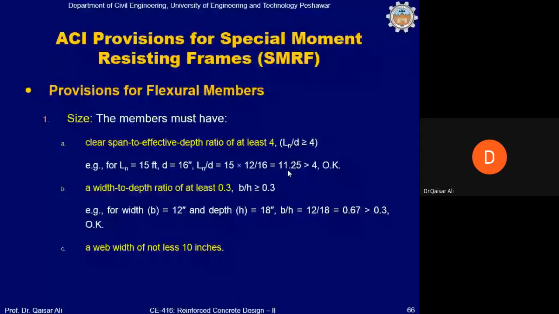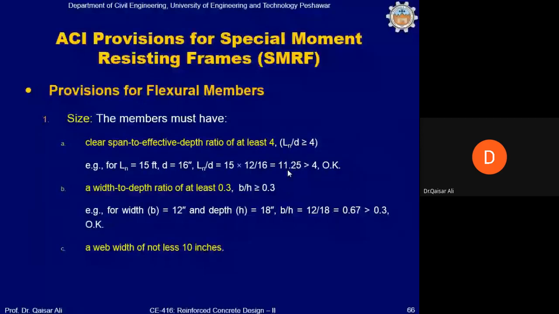However, if the length of the beam is, let's say, 5 feet, then for 5 feet, 5 multiplied by 12 divided by 16 is 3.75. 3.75 is less than 4.